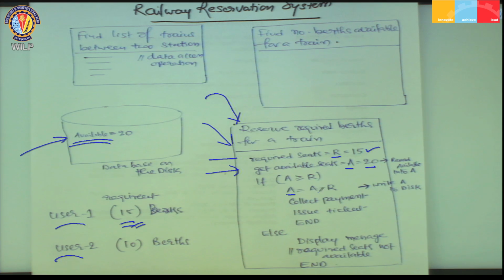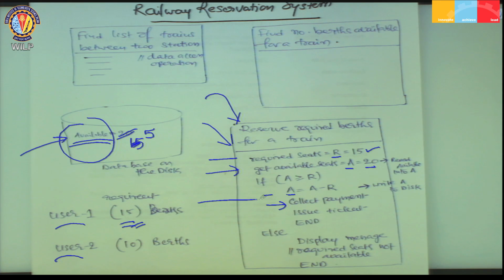So A is equal to A minus R. That means this particular instruction is trying to modify the data item A, which is a local data item and which represents the data item available on the hard disk in the database. So A is equal to A minus R, then automatically it issues a write operation, and this is now 20 minus 15, which is equal to 5, and then he tries to collect the payment.